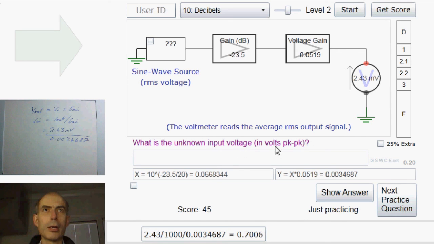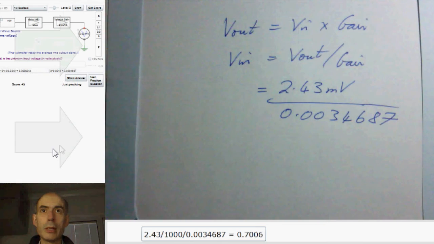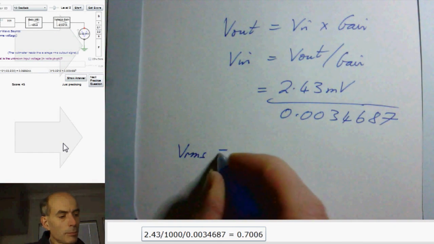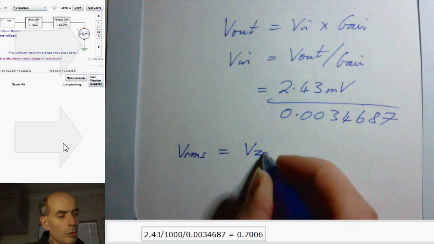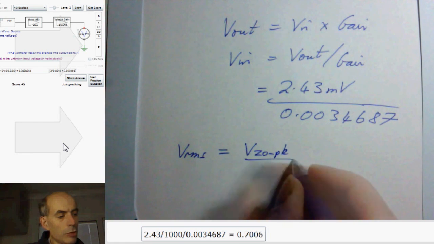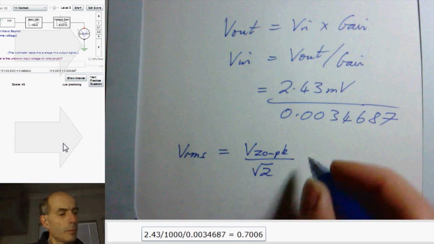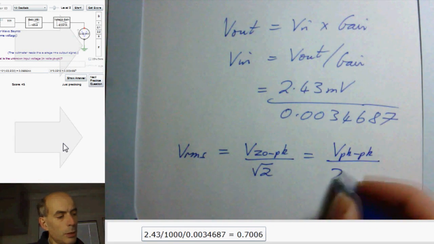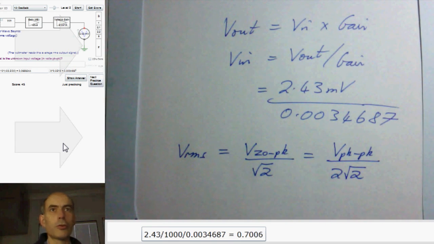We're asked for the input voltage in peak to peak. And at this stage, it's very helpful to know the relationship between RMS and peak to peak. In particular, that the RMS voltage is the 0 to peak voltage divided by the square root of 2, which is the peak to peak voltage divided by 2 times the square root of 2.